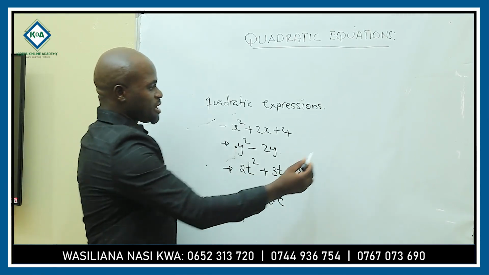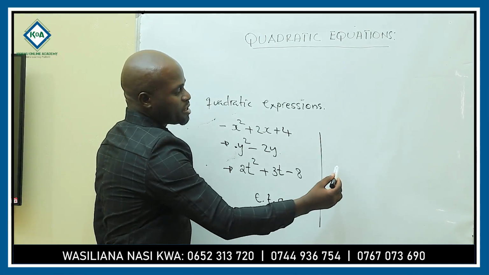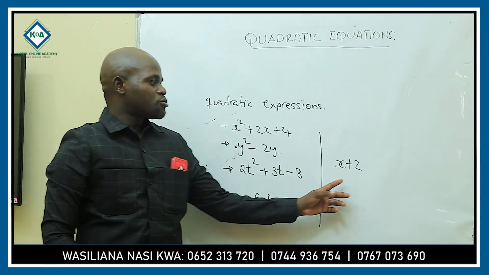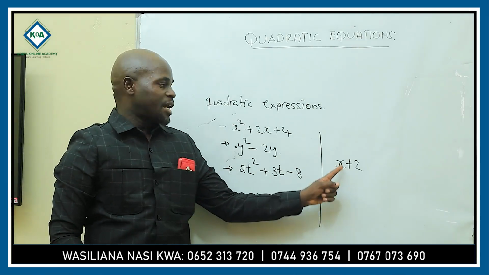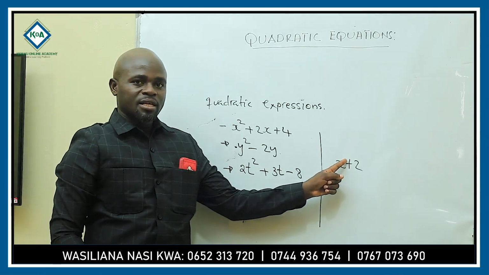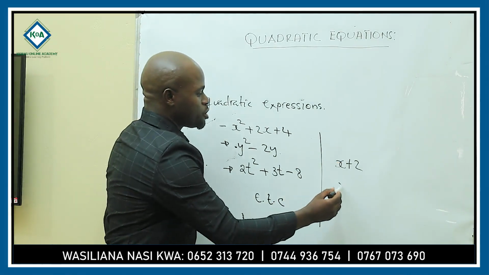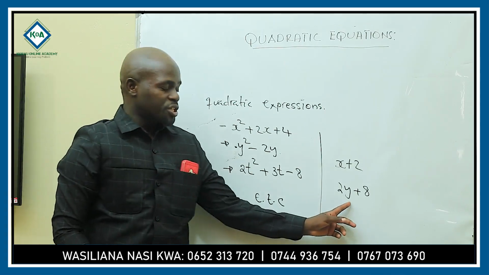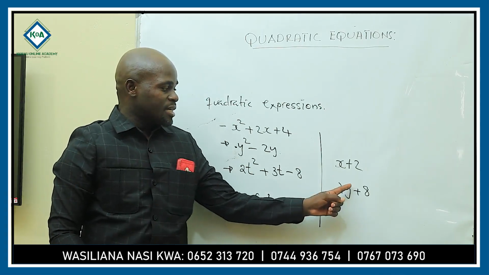For example, you can observe this expression. If you write maybe x plus 2, in x plus 2, this is the variable, but the highest power here is 1. Or if you have maybe 2y plus 80, also this is an expression whereby the highest power of y here is 1.